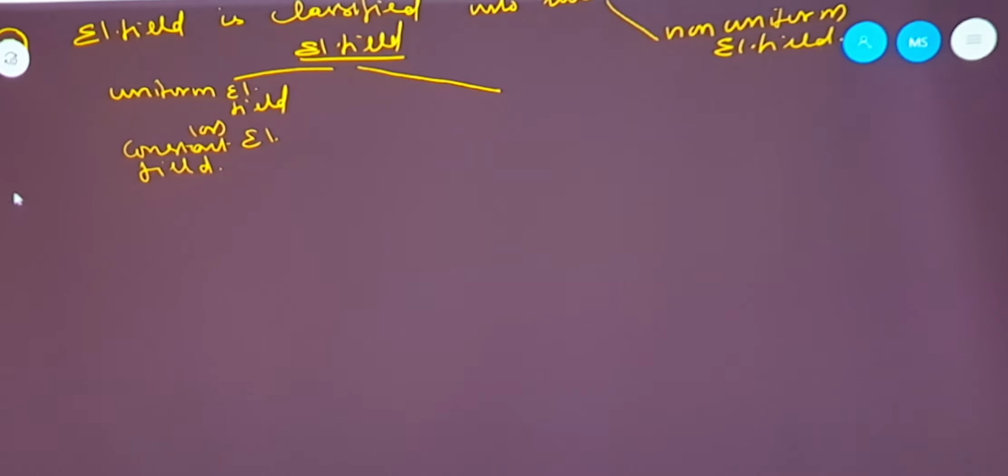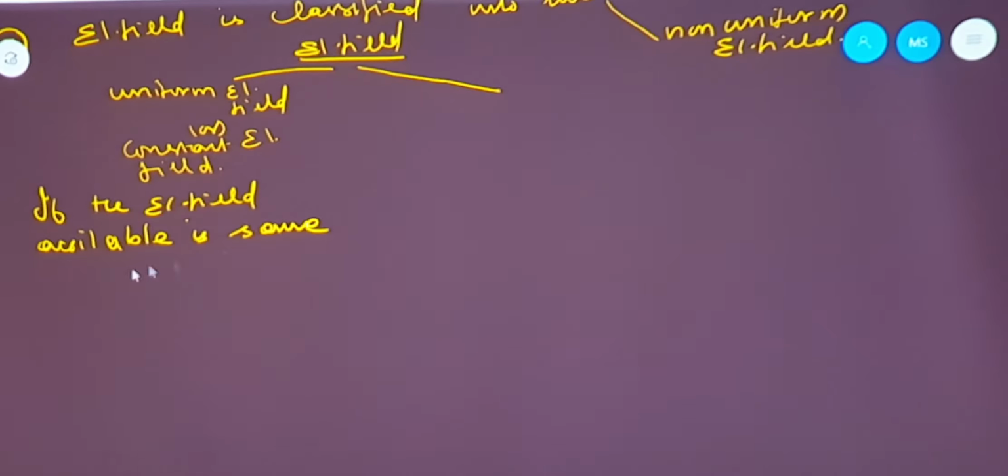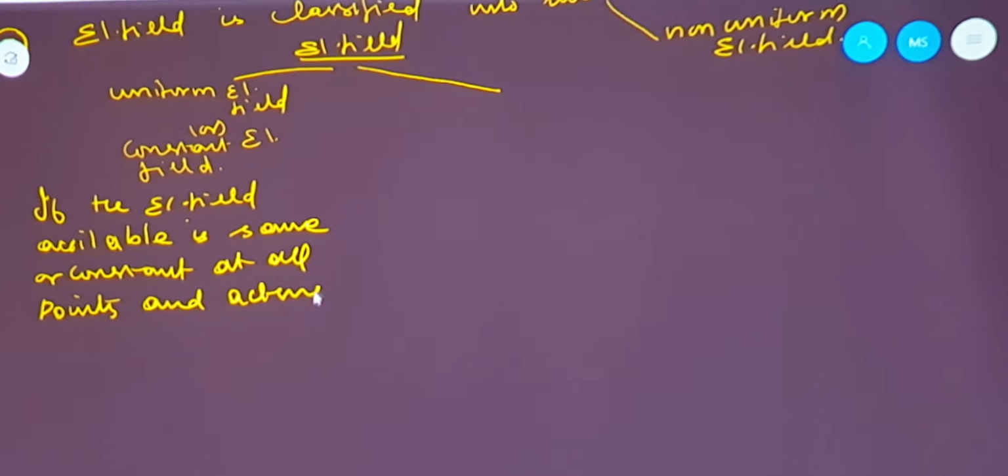See, the field is said to be uniform if the electrical field available is the same or constant at all points and acting in the same direction.